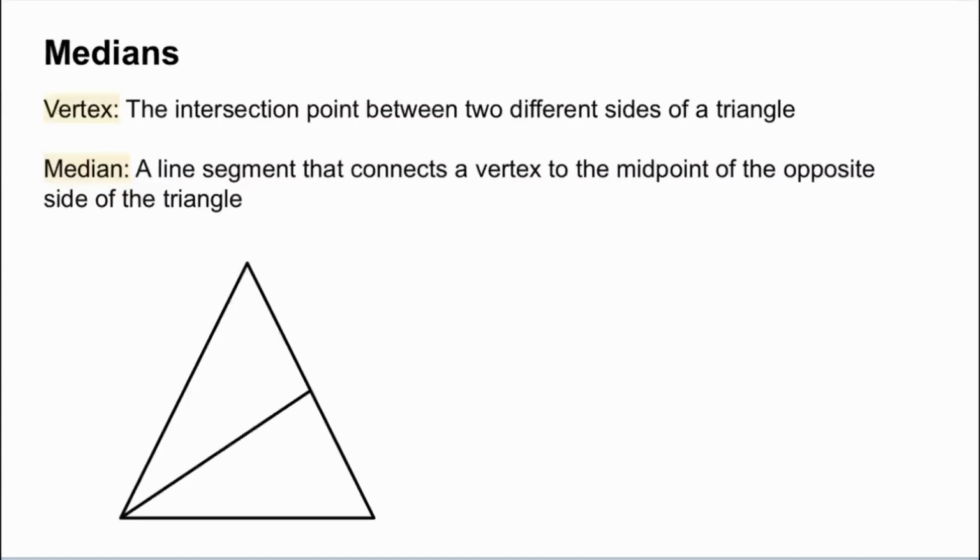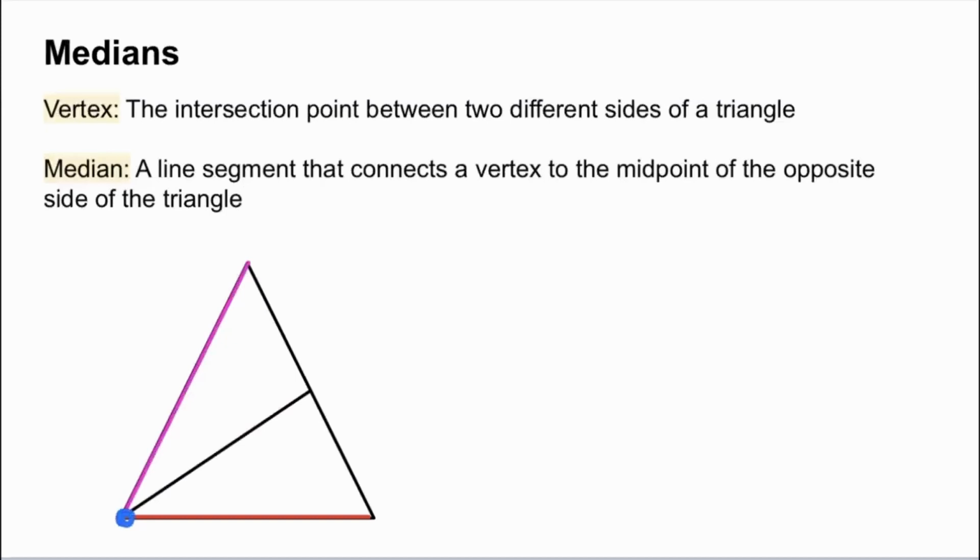Now we're going to move on to something different. We're going to go over what a median is. But before we can talk about the median, we have to talk about what a vertex is. A vertex, very simply, is the intersection point between 2 different sides of a triangle. On this triangle, where this pink and red line meet, I'm going to label it in blue.